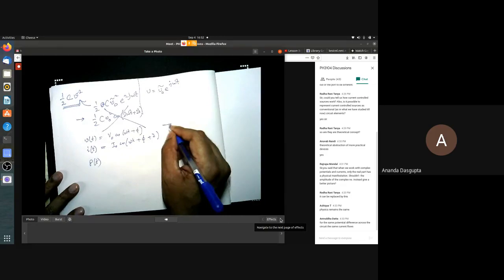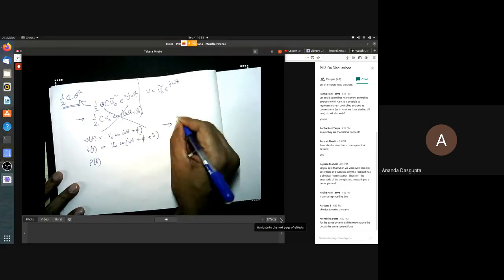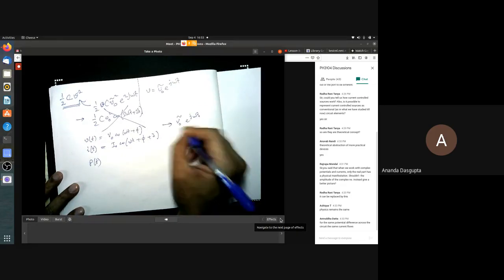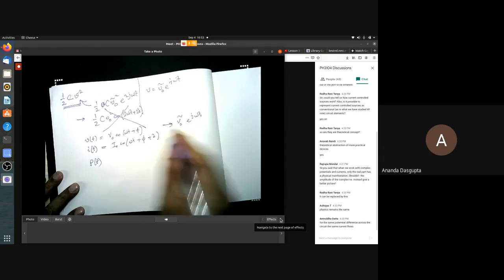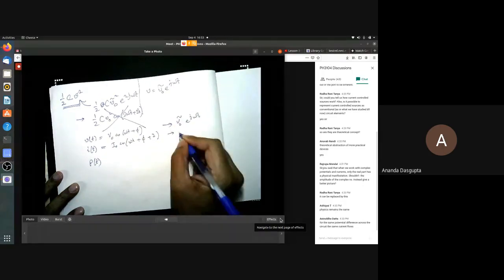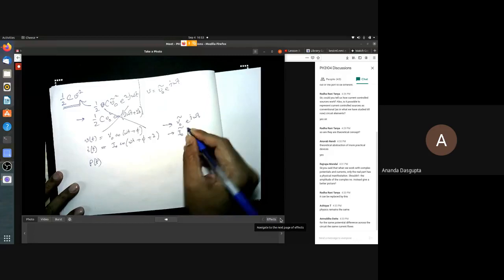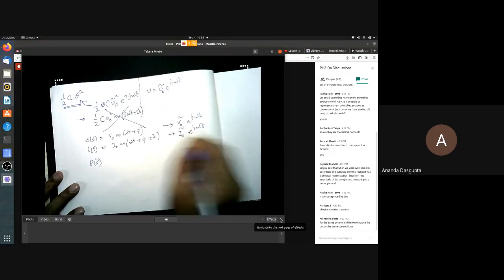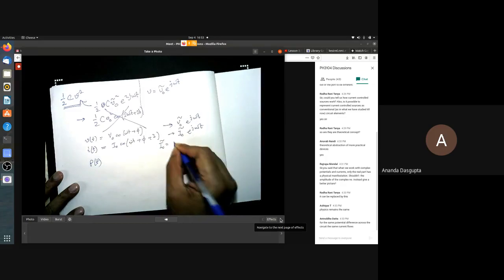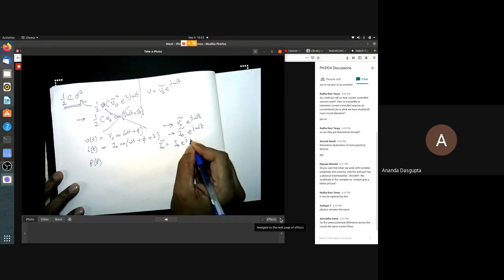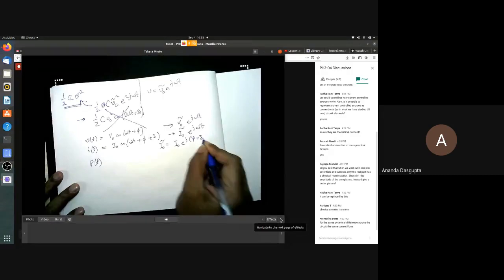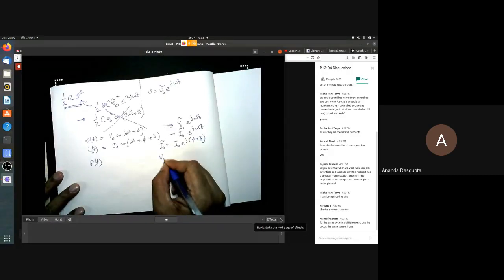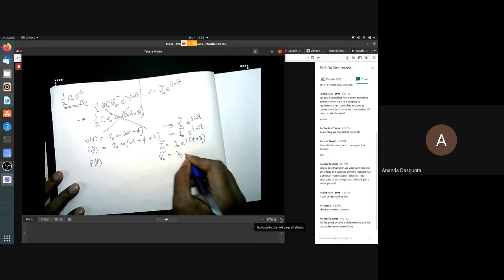Of course, the complex versions of this would be V0 tilde e to the j omega t, where V0 tilde is V0 e to the j phi, and I0 tilde e to the j omega t, where I0 tilde is I0 e to the j (phi plus delta), the entire initial phase of the current.